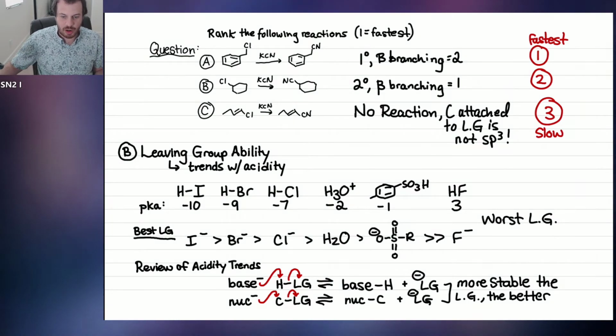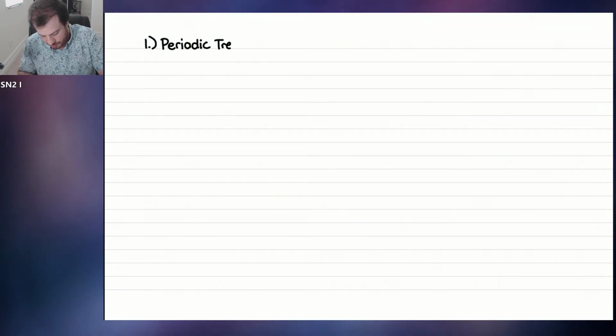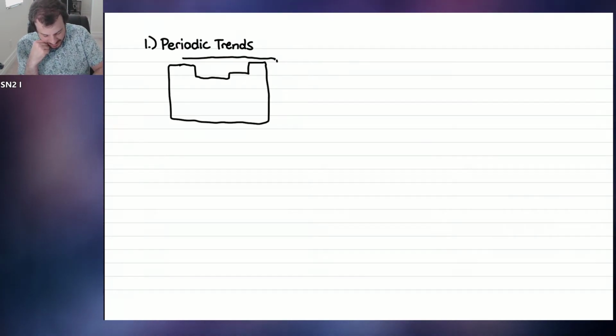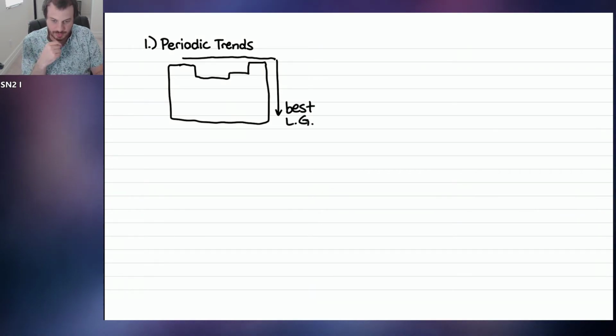Okay, so there are, let's see, 3 trends to keep in mind for these leaving groups. So the first one is the periodic table trends, which I'll just call periodic trends. And so if this is your periodic table, the best leaving groups are to the right and down. Okay, so horizontally, what we care about is electronegativity.